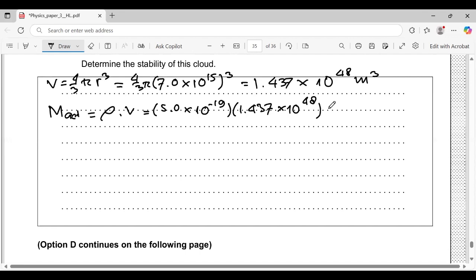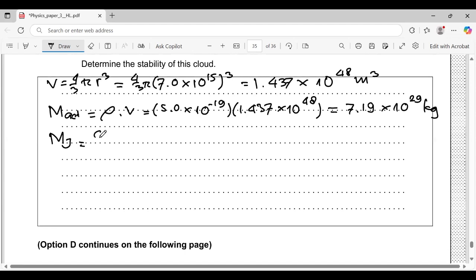And if you calculate, the result is 7.19 times 10 to the power 29 kg.